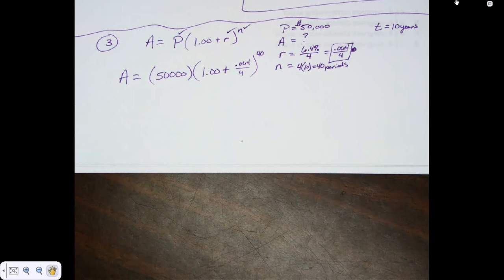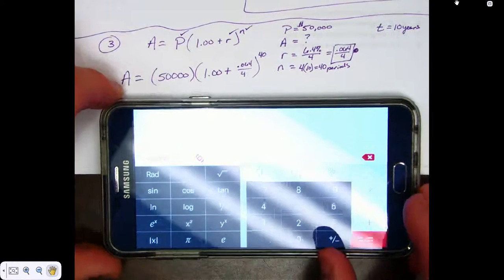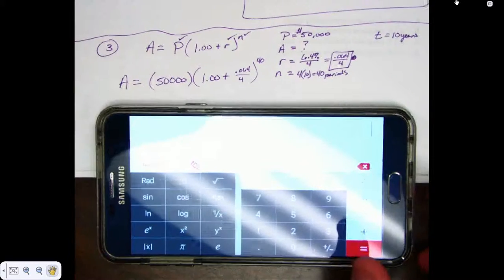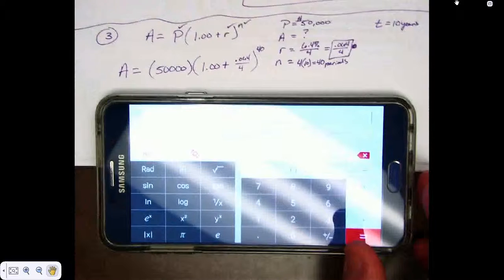Probably the hardest part is getting your calculator out and knowing how to put that in your calculator. I'm going to get mine out and show you how I would do it a pretty easy way. Okay, maybe if I turn that off, it won't glare quite so much.